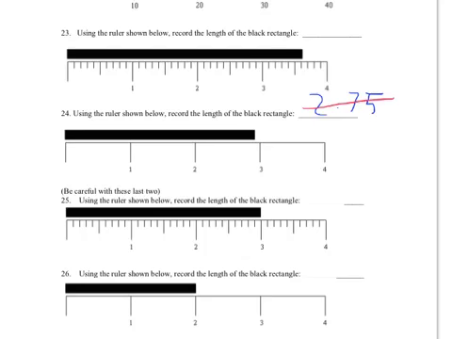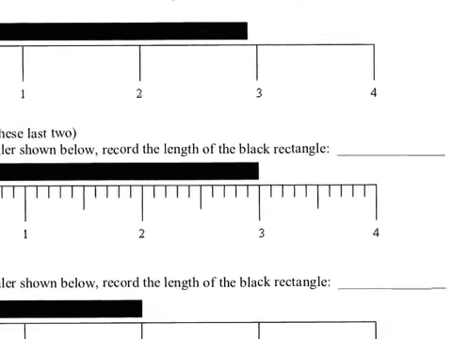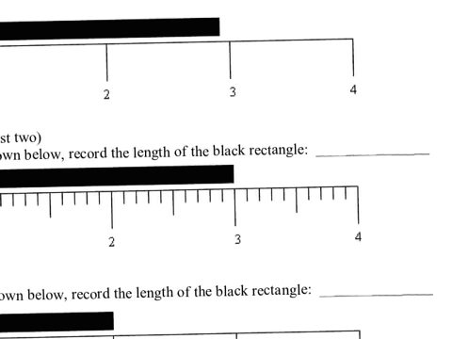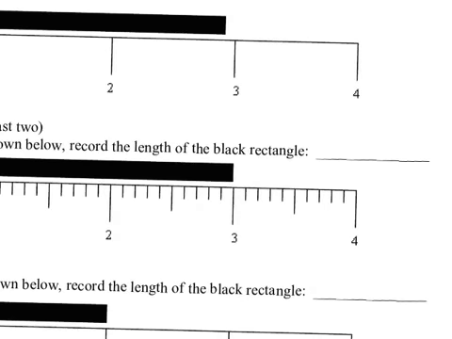Let's look at number 25. Now, look what it says. Be careful with these last 2. When this lands right on the money, here's what I want you to do. Let's just say that this had landed 1 tick mark before here, in between this one and this one. Had that been the case, you would have called it 2.99. Now, that means you'd have 3 significant figures.